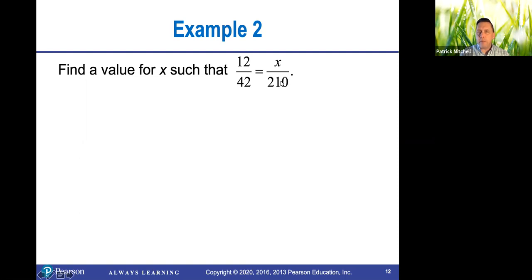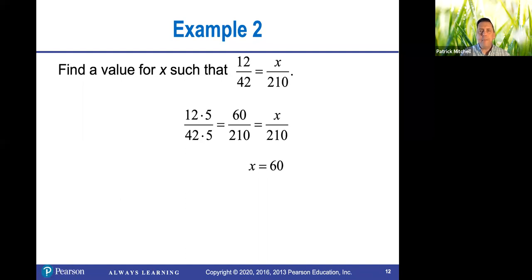That's a division problem. 210 divided by 42, I believe that comes out to 5. Yes, so 42 times 5 is 210. And if I'm going to multiply the denominator by 5, I need to do the same thing to the numerator. 12 times 5 equals 60, which means x equals 60.